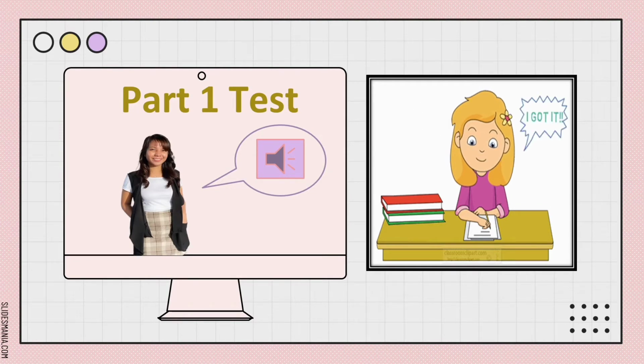Number 12, equation. Number 13, variable. Number 14, solution. Number 15, the last number, quotient.